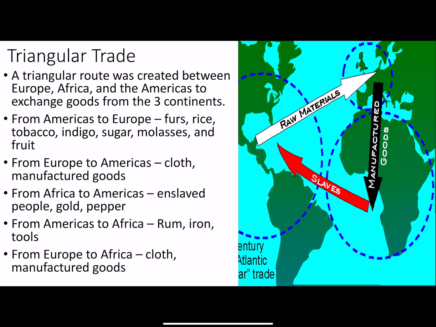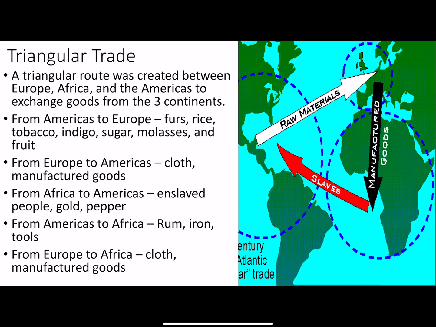So raw materials such as tobacco went to Europe, manufactured goods went to Africa, and then slaves left Africa and went into the Americas. So a triangular trade route was created between Europe, Africa, and the Americas to exchange goods from 3 continents. Triangular means 3 different exchanges.